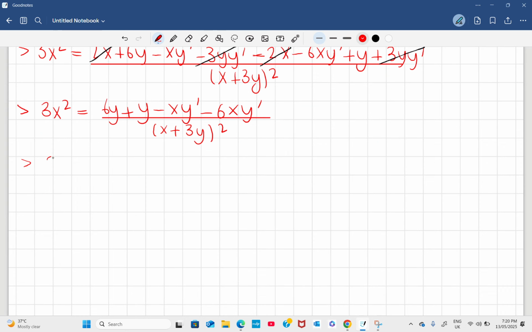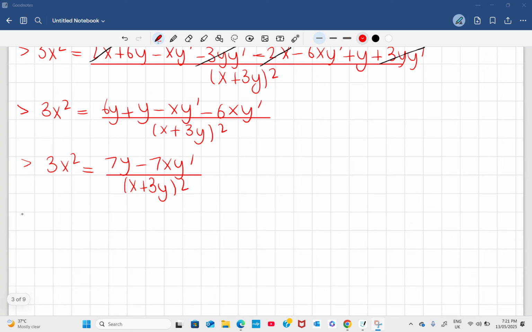Now 3x squared is equal to 6y plus y, which gives me 7y, minus xy prime minus 6xy prime, which gives me minus 7xy prime, all over x plus 3y all squared.